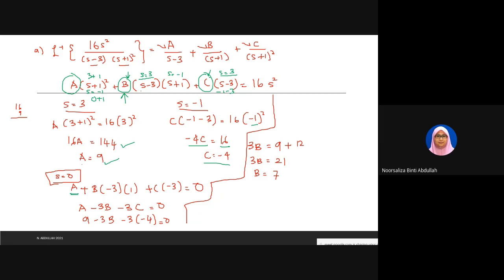And this one also, you replace 0. 0 minus 3 is minus 3. 0 plus 1 is 1. Then you get B times minus 3 times 1, and then plus C. C, you replace 0 here, so 0 minus 3, you have minus 3 here times C, equals to 16 times 0. You get 0.